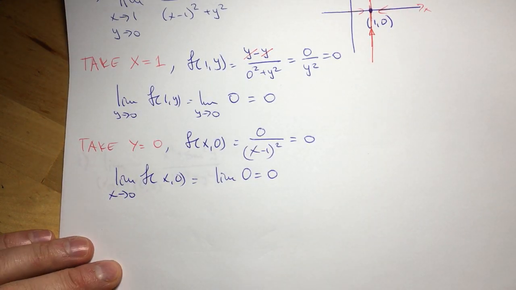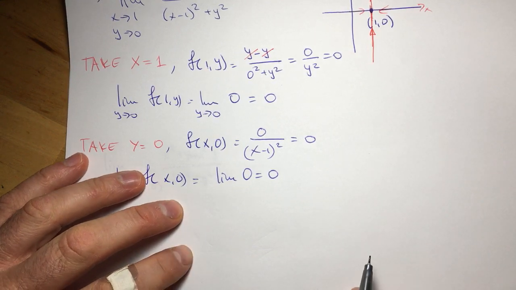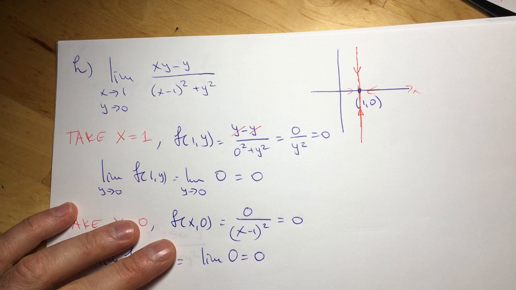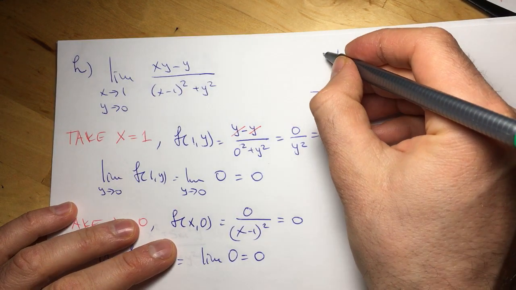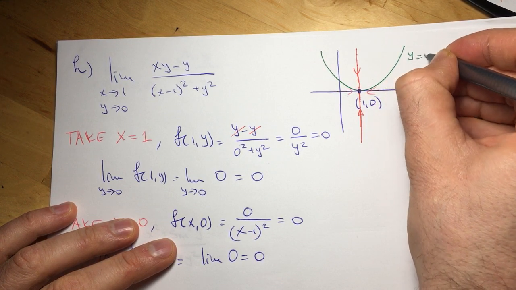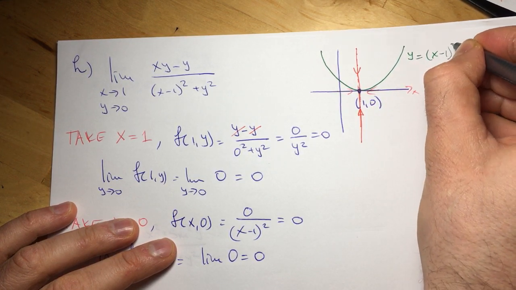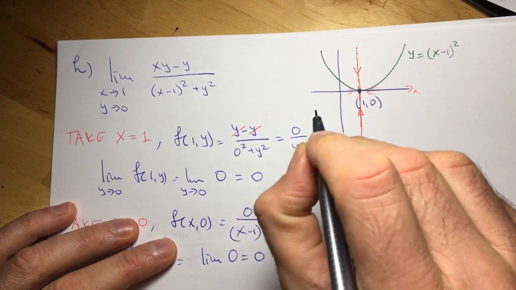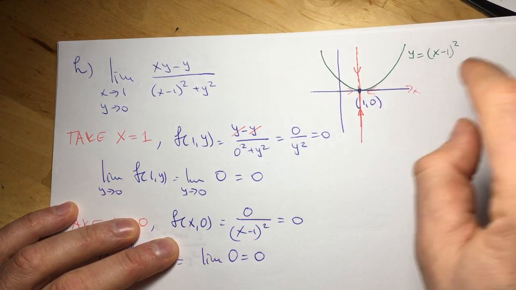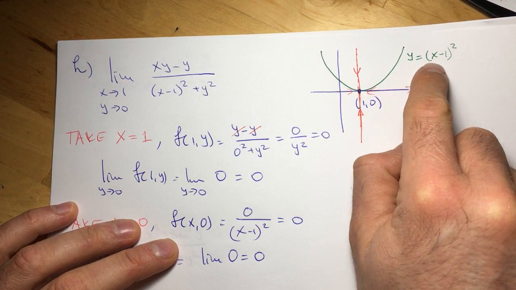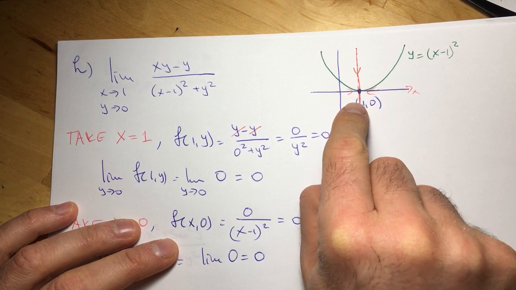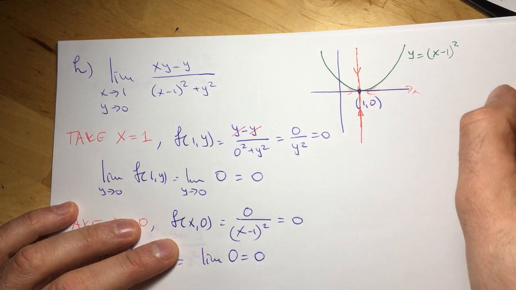Okay, now let us take this curve right here. Okay, y is equal to (x minus 1) squared, right? The curve y is equal to (x minus 1) squared also passes through the point (1, 0), right?